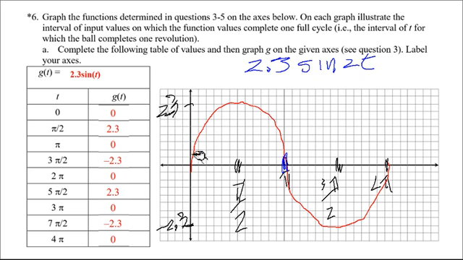So we'll have a picture that looks like this, right? We complete a full revolution in half the time. Why don't we just move forward to the next part of this question?